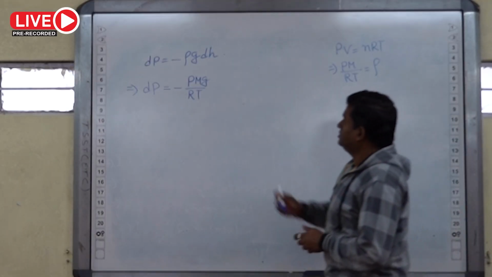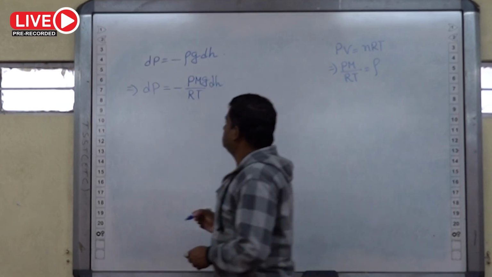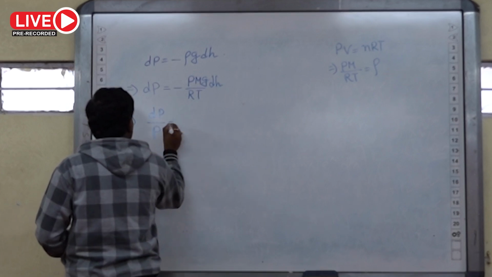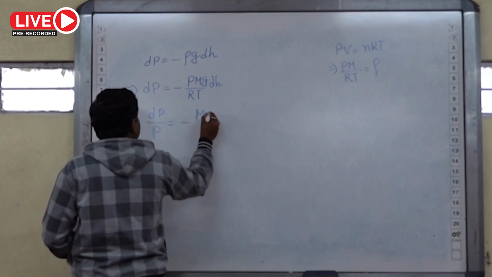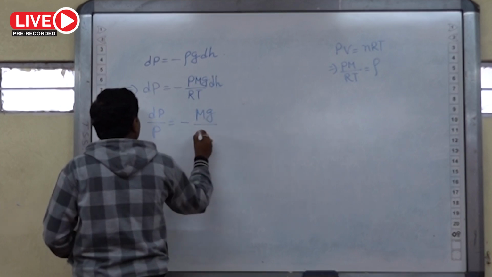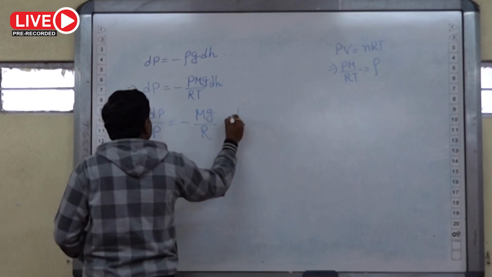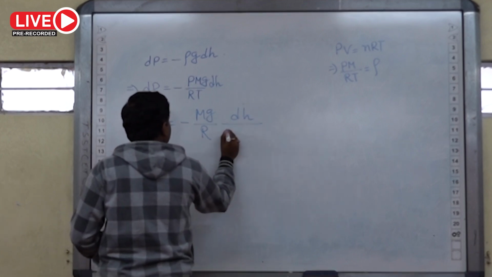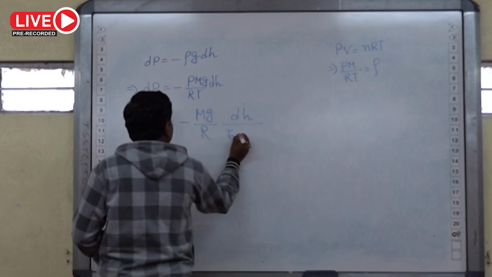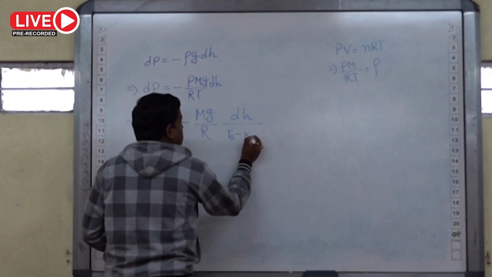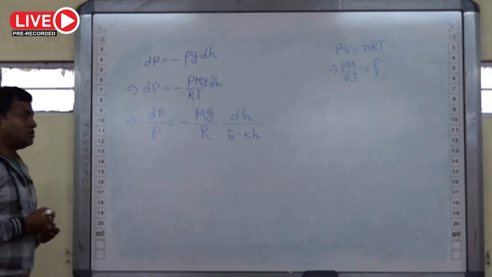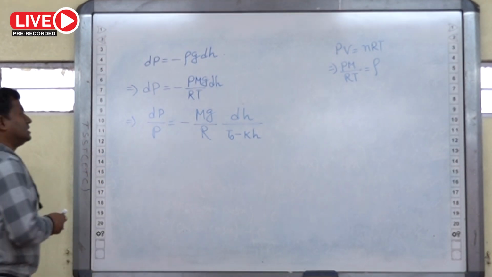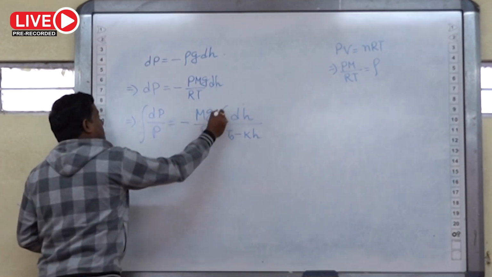So substitute that in place of T. It will be dP by P equal to minus mg by R dH divided by T naught minus KH. Okay, so we get this integral format.